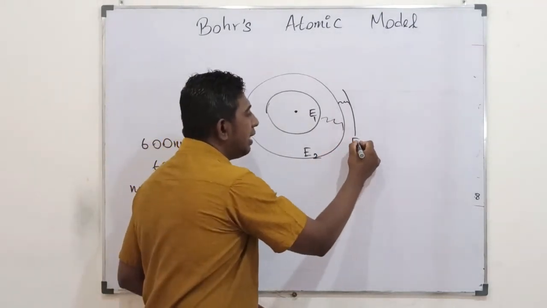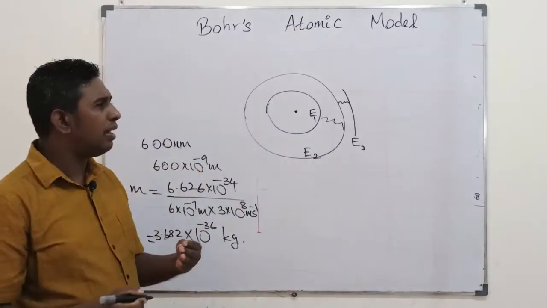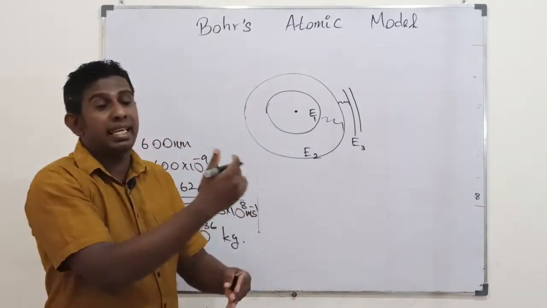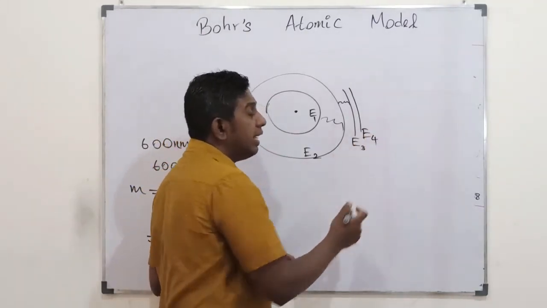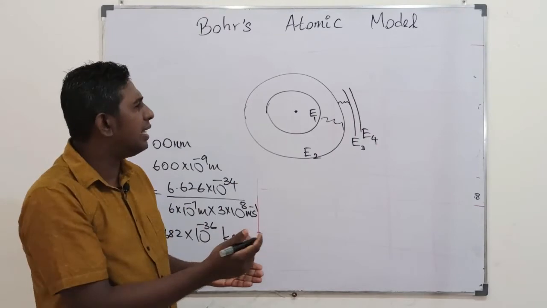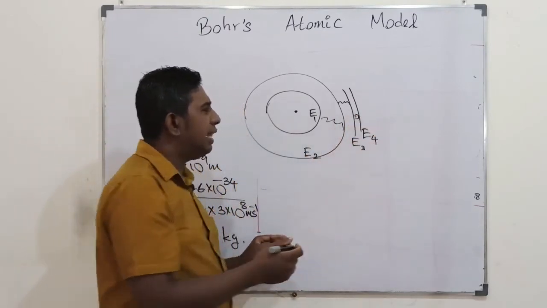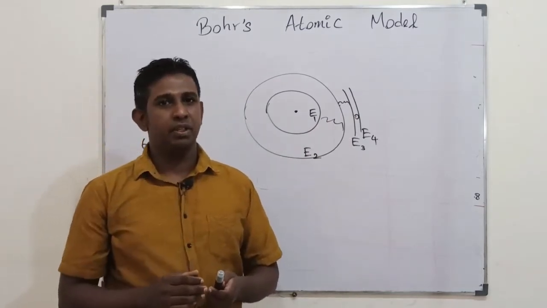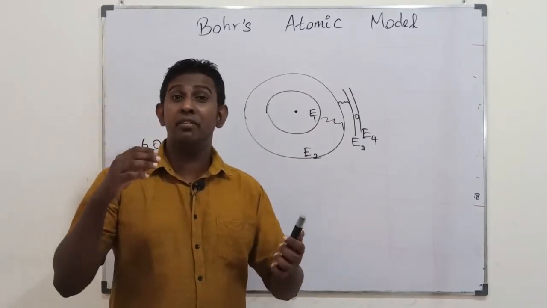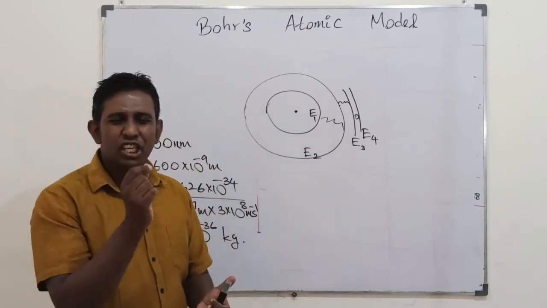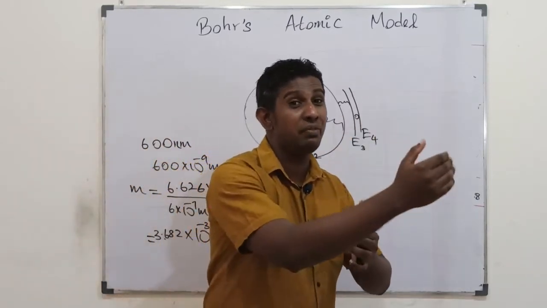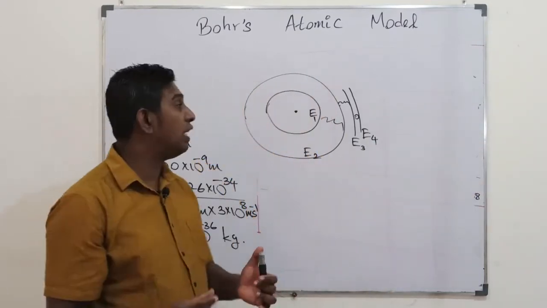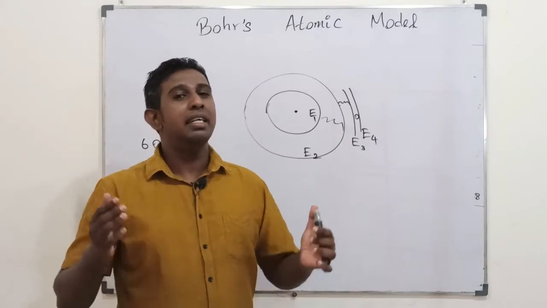Then the fourth shell is further up in energy. E4 is greater than E3, but the energy difference is smaller than the earlier difference. So you have energy shells around the nucleus whose energies increase going away from the nucleus, while the gaps between consecutive energy levels decrease.